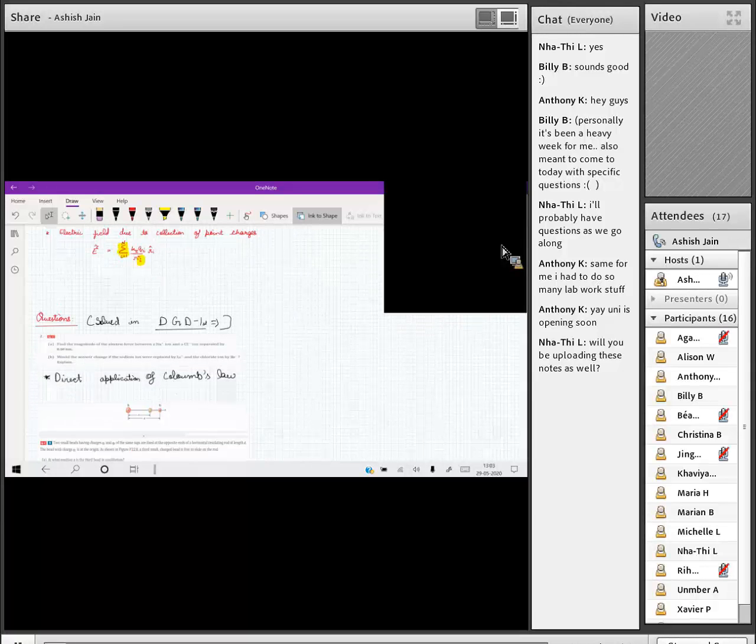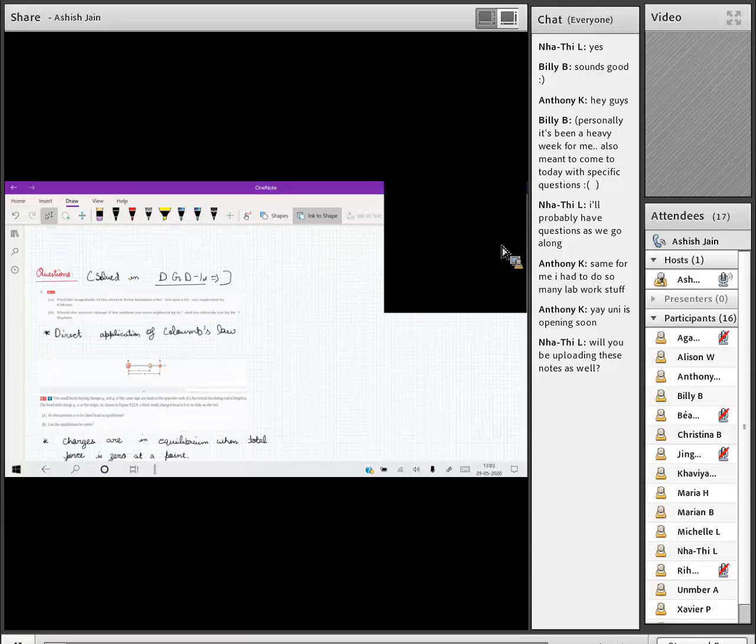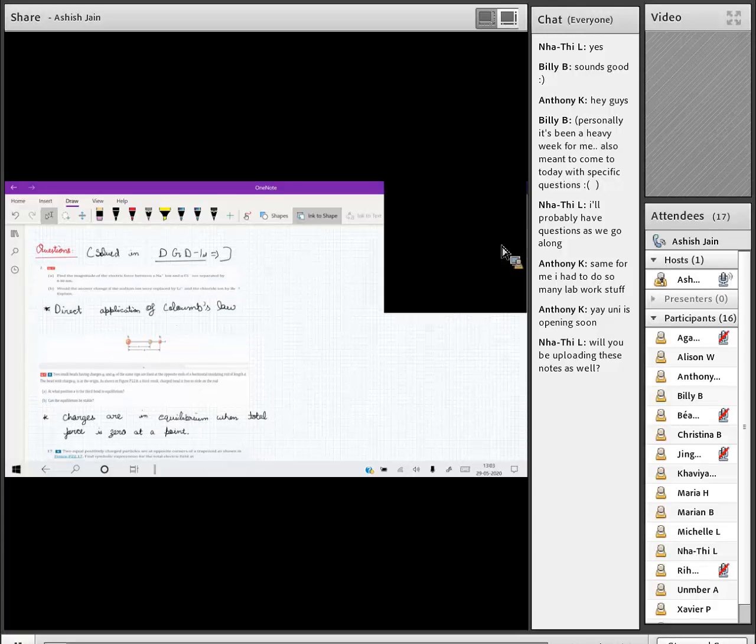Perfect. Let's go to the questions that we solved in DGD1. Not all of them, some of them that cover the concept. So the first question: we solved for the electric force between a sodium and a chlorine ion separated by some distance. This is the direct application of Coulomb's law.